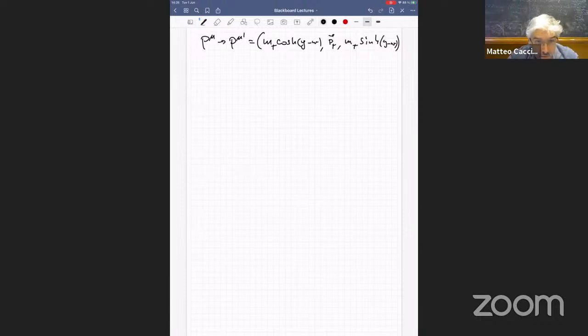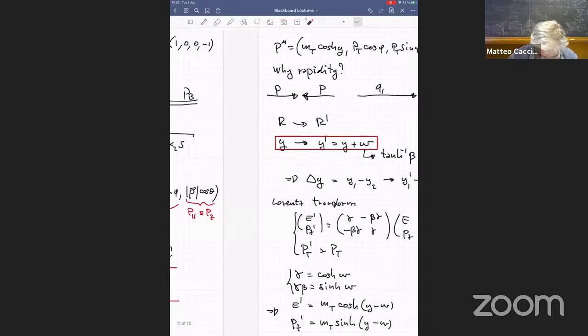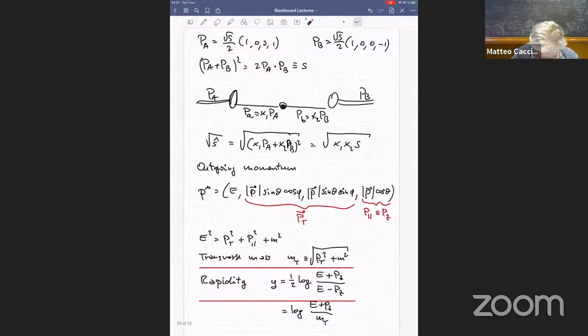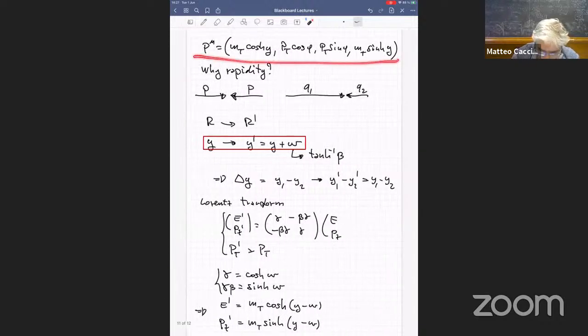Now I go back to the parameterization of the momentum that we had earlier, this equation here. Where did I put it? Here. So you see that this is exactly the same form, but with y replaced by y minus omega. And so this corresponds to a new rapidity, which is y minus omega, essentially.